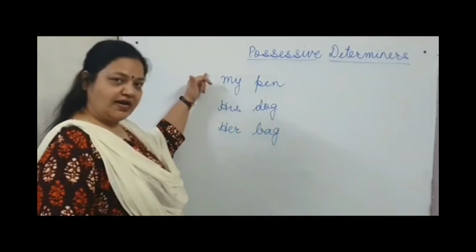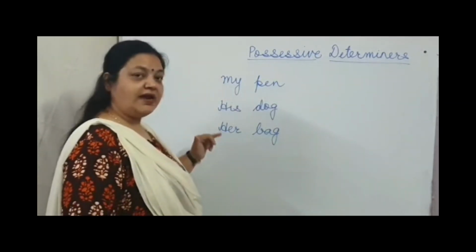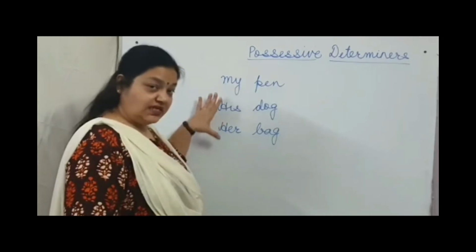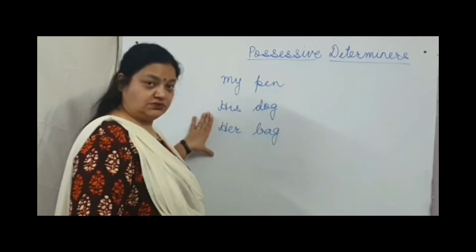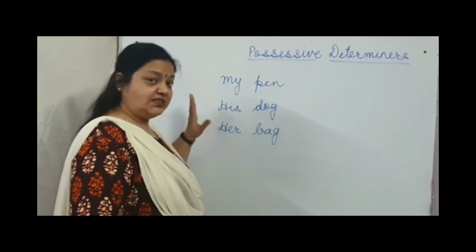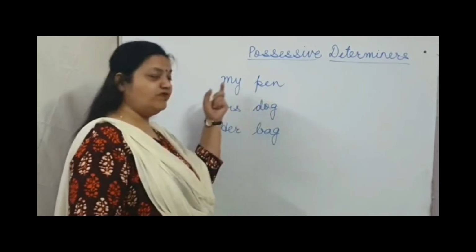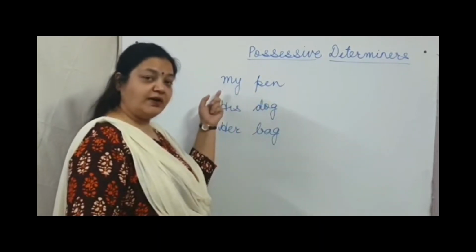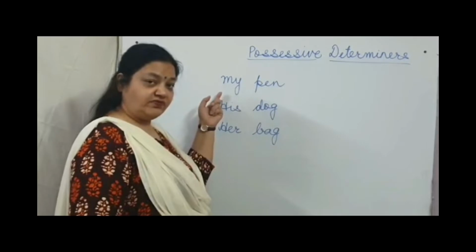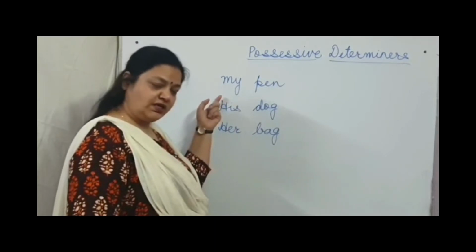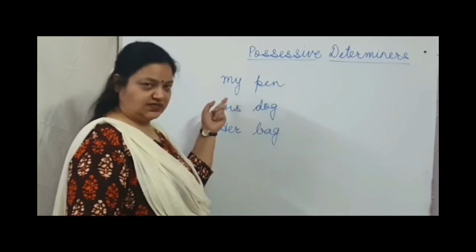Now these, my, his and her, you might be feeling are pronouns. But when these words are used before a noun, they become possessive determiners, or in other words, possessive adjectives.